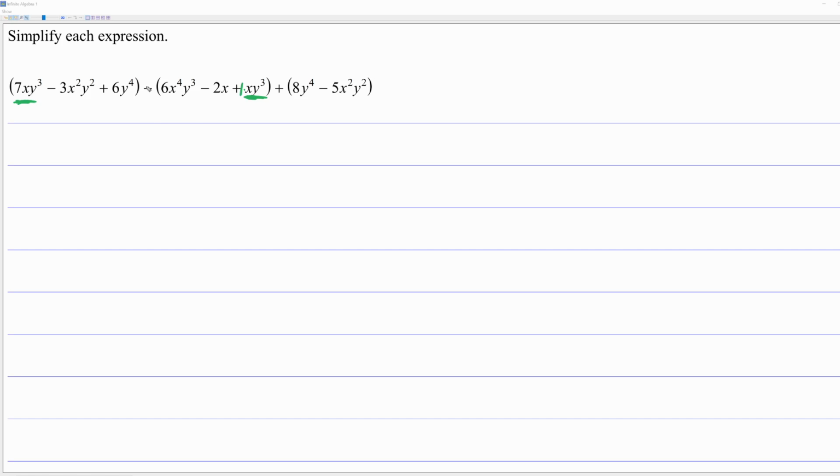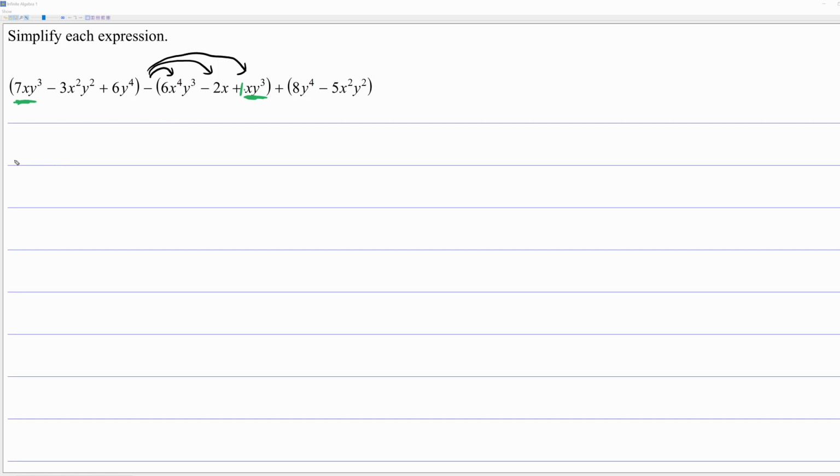Now be careful, there's a negative in the front, so we have to know that we distribute the minus sign to all three terms in the second polynomial. So when we combine the like terms that are underlined in green, we have 7xy cubed minus 1xy cubed.